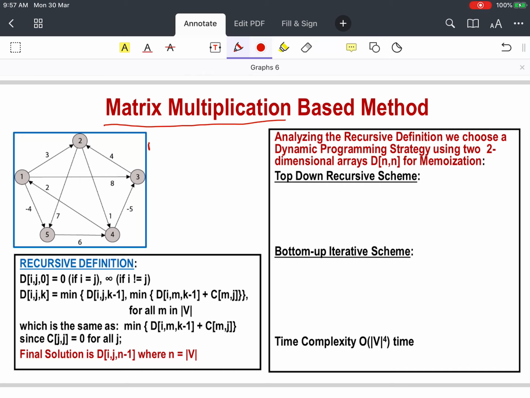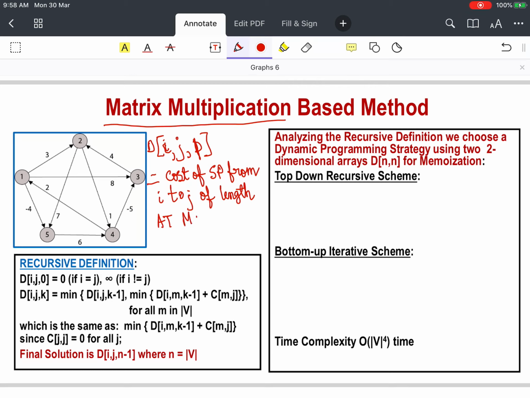So what we say is that Dijk, or let us say Dijp, is equal to the cost of the shortest cost path from i to j of length at most p.